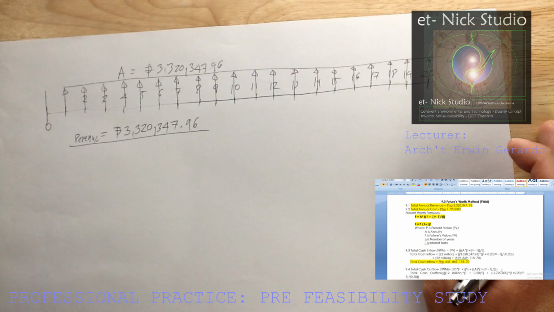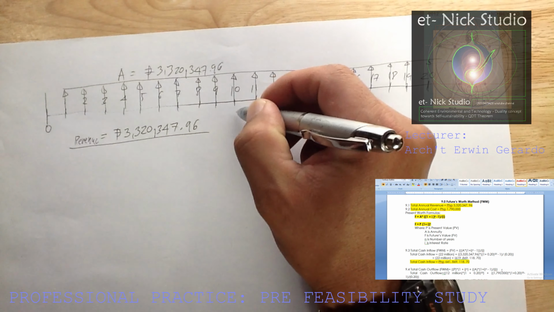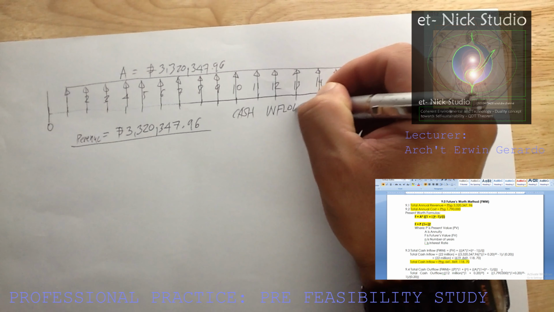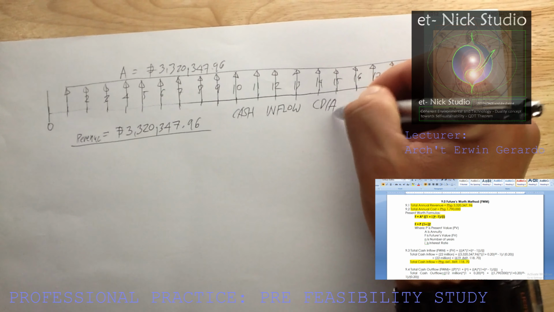The basis of our revenue or income is actually the rental income of the 25 units plus the income on land. So this is now what you call the cash inflow. So this is already the diagram.